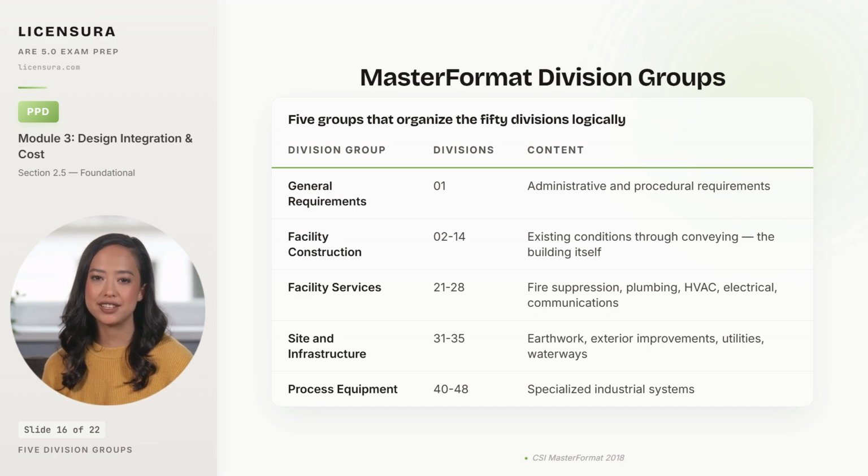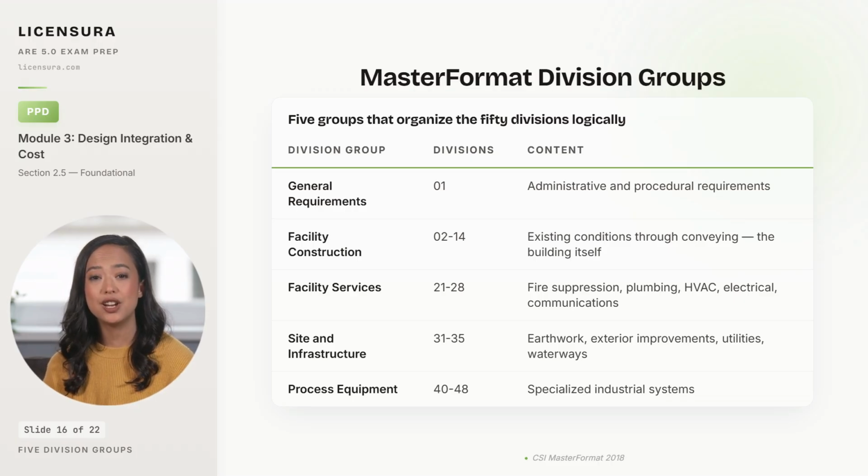Facility services is divisions 21 through 28, and it covers fire suppression, plumbing, HVAC, integrated automation, electrical, communications, electronic safety and security, and integrated fuel systems, the MEP and life safety systems that make the building work.